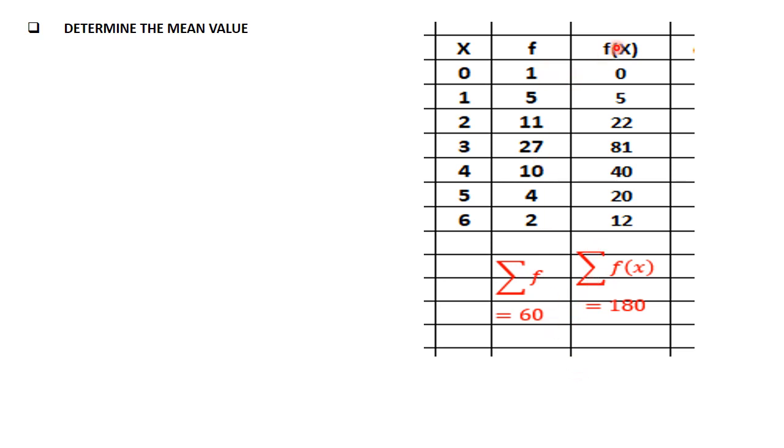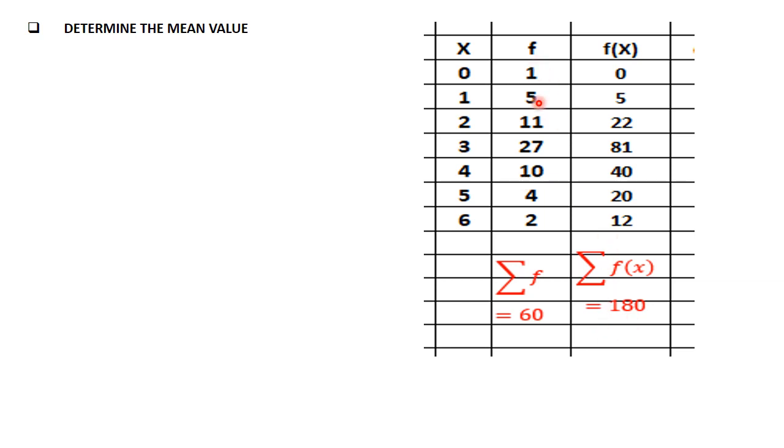We just need to first of all develop the f of x column, which will be gotten by having the x's times the corresponding f values. So we have 0 times 1, which is 0, 1 times 5, which is 5, 2 times 11, which is 22, 5 times 4, which is 20, 6 times 2, which is 12, and just that. And again, you add the sum of the f of x's, that is 0, 5, 22, 81, 40, 20, and 12. You get the answer, it will be 180.